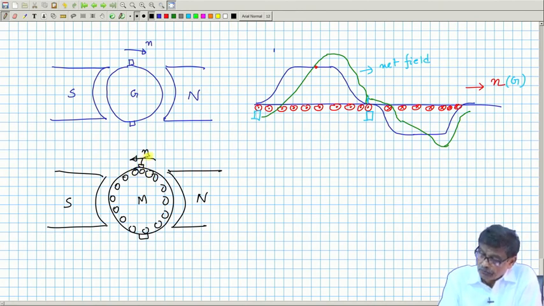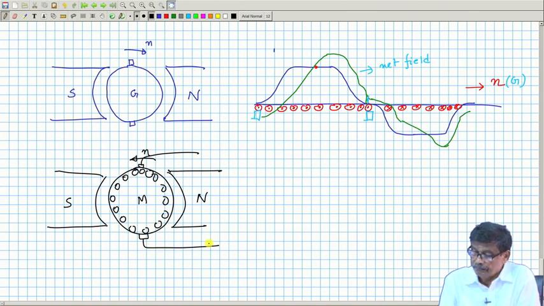Now, in motor mode, we pass current from a supply to the armature, and suppose the direction of current is such that this is dot. Mind you, this is the direction of the current, not the polarity of the induced voltage. That back EMF is not that.